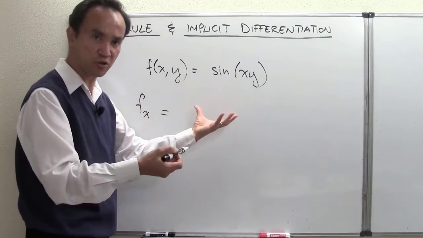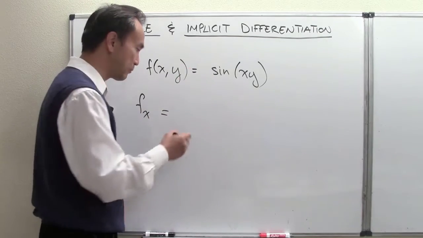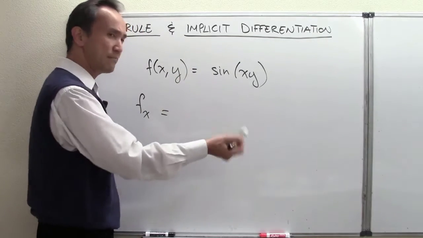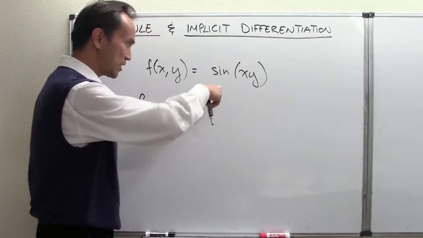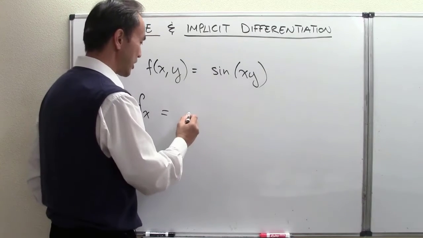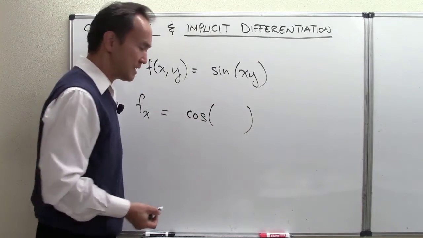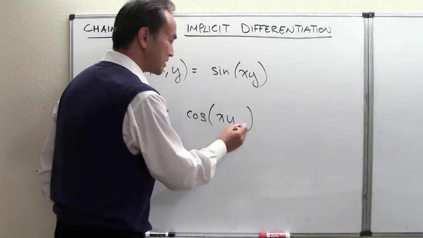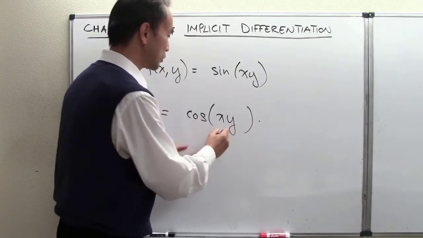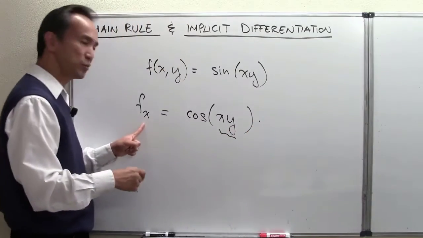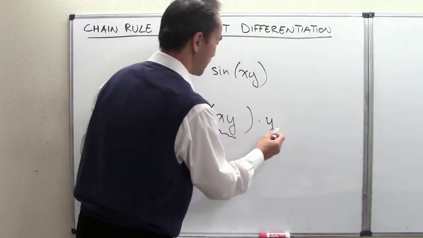When I explained this example, I must have mentioned once or twice that we have to use a chain rule. The chain rule says it's cosine, because that's the derivative of the outside, keeping everything inside, and then multiplying by the derivative of the inside with respect to x. That's why we're looking at the y.